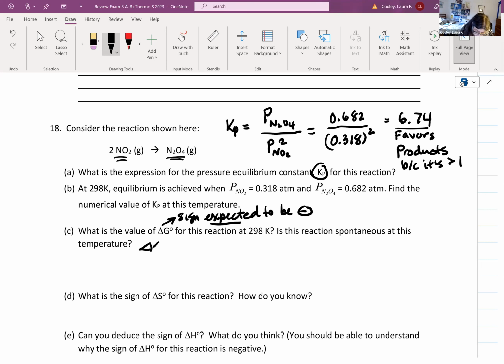So delta G0 is minus RT times the log of that K. I'm going to use R in kilojoule units, kilojoules per mole Kelvin. I love it when it writes it and then it erases it because it doesn't have the memory or whatever. So this is minus 8.314, that's 10 to the negative third.